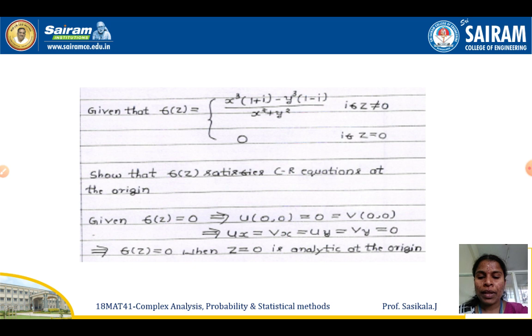That implies f of z equal to 0 when z equal to 0 is analytic at the origin, because in the CR equations all the terms are equal to 0. So you can directly tell f of z is equal to 0 when z equal to 0 is analytic at the origin.